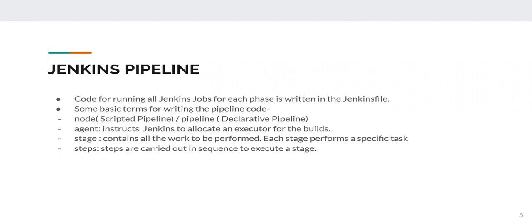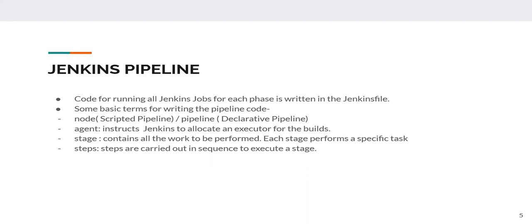Now that we've seen how a CI pipeline can be built at Jenkins, let me give a brief intro into what a Jenkins pipeline is, and let's also look into some code terms that will be required while writing the syntax for this pipeline. Jenkins pipeline is a single platform that runs the entire pipeline as code. Instead of building several jobs for each phase, you can now code the entire workflow and put it in a single file called a Jenkinsfile.